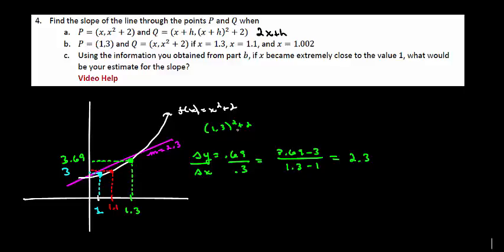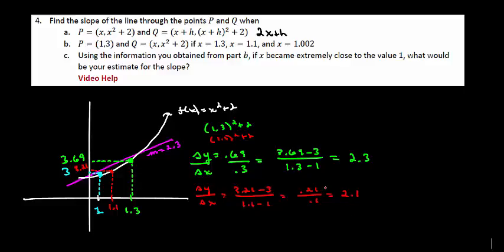If we do the calculation, we'd have 1.1 squared plus 2, which I believe is 3.21, but let me check it in my calculator. Yeah, 3.21. It's tough to write in there, but 3.21. So now our delta y over delta x is 3.21 minus 3 over 1.1 minus 1. So this is 0.21 over 0.1, which is 2.1.